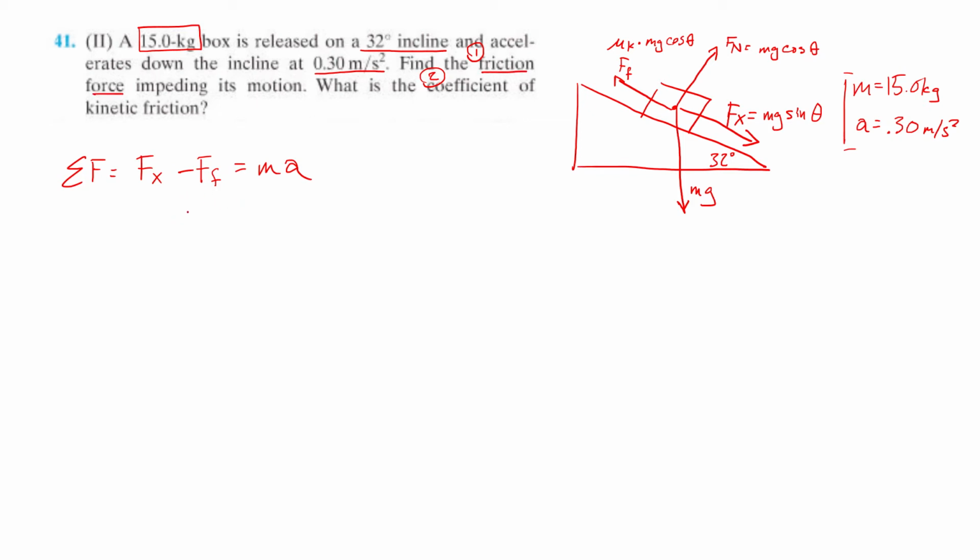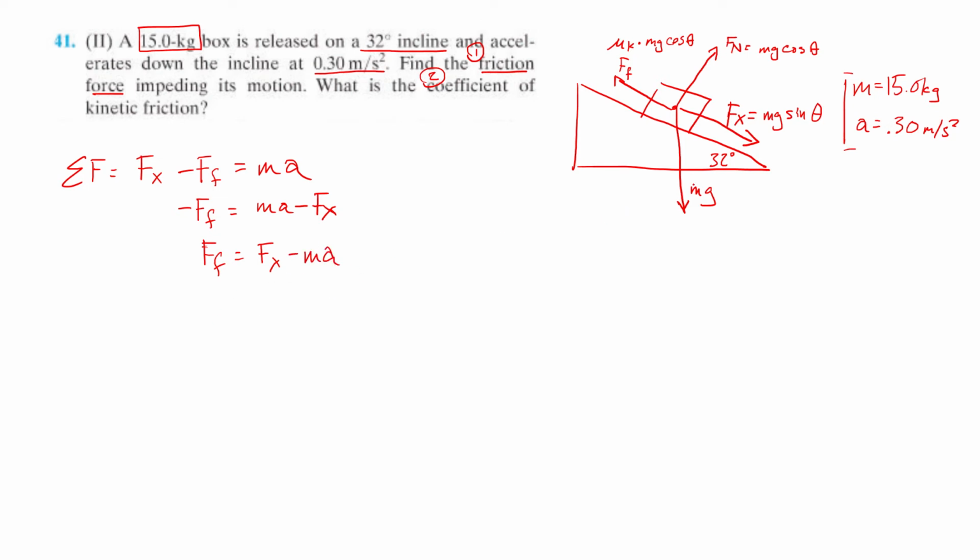So I'm just going to isolate the friction force. That means the friction force is equal to m times a minus F_x, which is the force applied downwards, a component of gravity. I'm going to change all the signs so that the friction force is now equal to this along-the-slope force minus mass times acceleration.